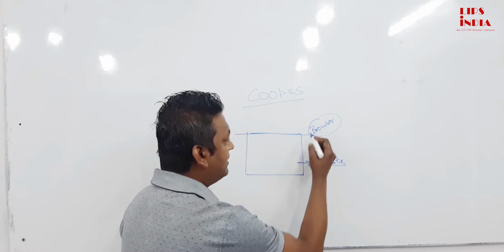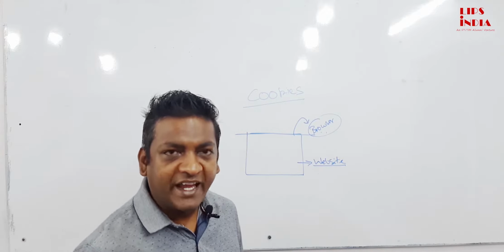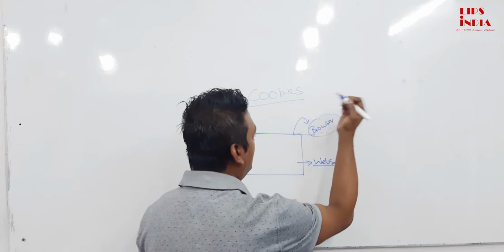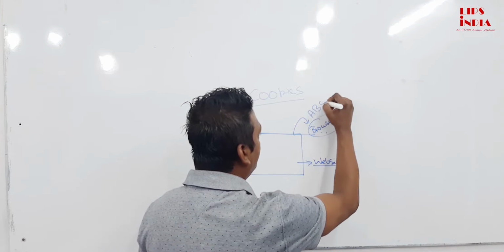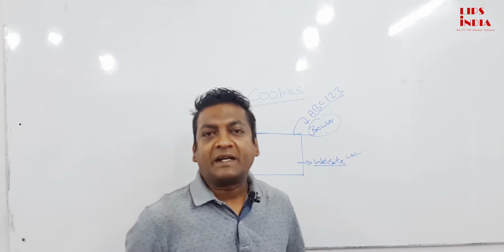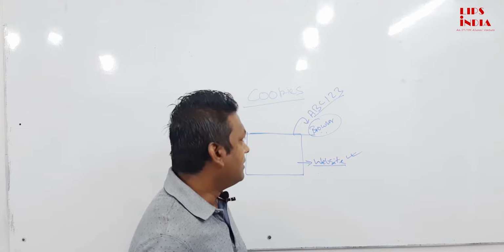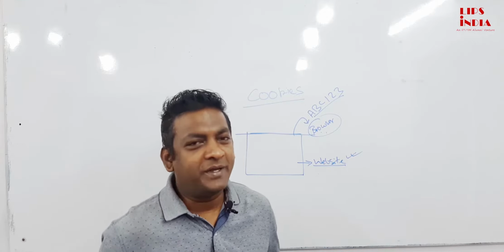The website assigns a unique identification number to this browser. Let's say this identification number could be A, B, C, 1, 2, 3, whatever this website wants to use in terms of creating a unique ID. It could be anything, alphanumeric, numeric, whatever.